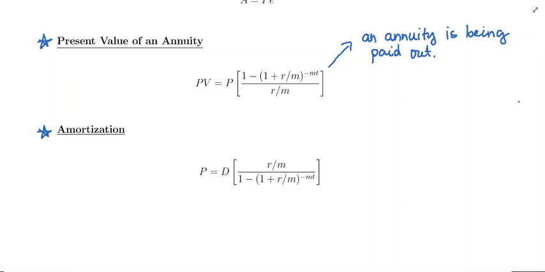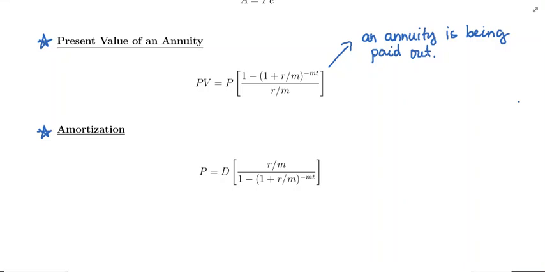It's not a savings account where you're putting money in on a regular basis and then trying to figure out how much money is accumulated after a certain amount of time. That's future value of an annuity. The whole idea here is that your annuity is being paid out. You might be receiving the payments.